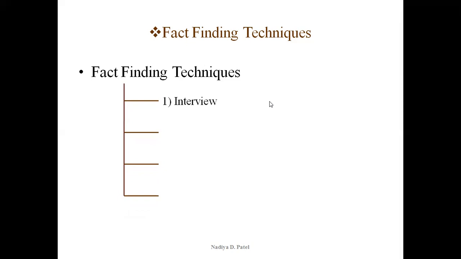And for doing this, you can't just go and visit your client or customer, sit in front of him, and say, yes, I'm here to collect information. No, you need to follow some systematic strategies, some techniques, because in system development, we had discussed factors in the system development life cycle, which were resources, time, and money.